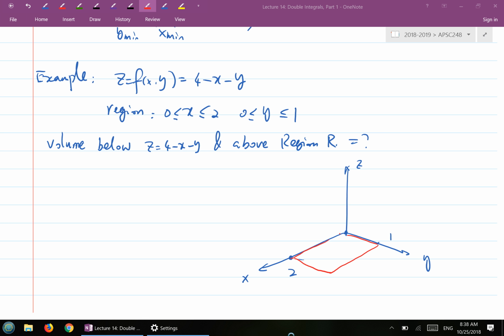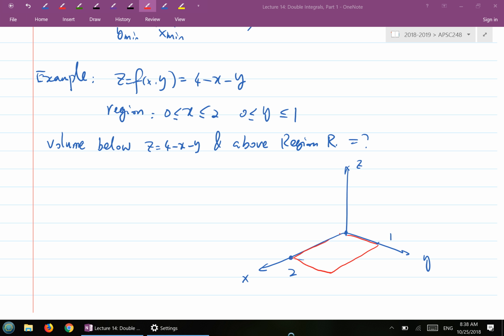You don't have a computer, so you don't have the precise drawing, but you still have to be able to know what z equal to 4 minus x minus y represents in 3D space. What does it represent? It's a plane, right?